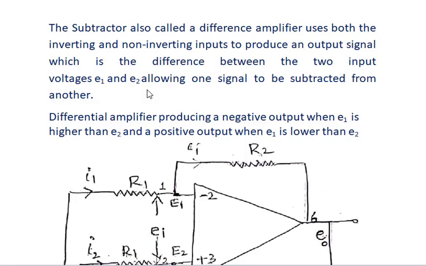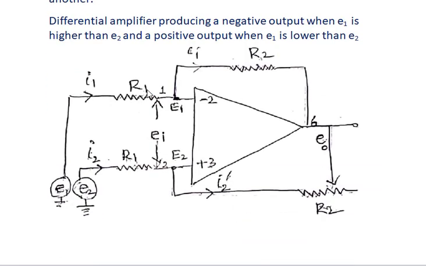We are applying two input voltages, E1 and E2, allowing one voltage to be subtracted from another voltage. A differential amplifier, a subtractor, produces a negative voltage when E1 is higher than E2.